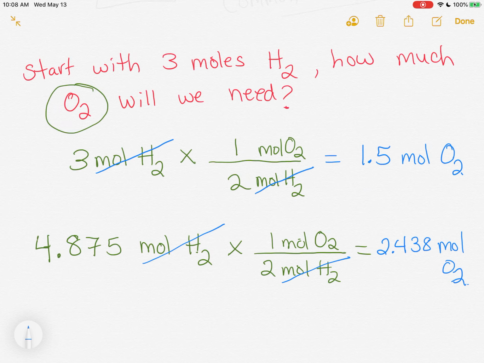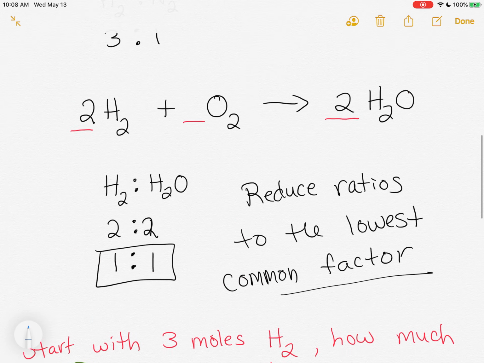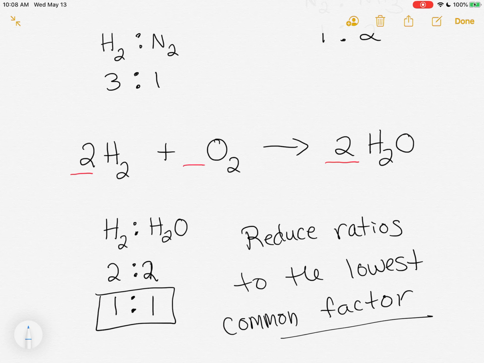Okay, and that's just a little bit more difficult to do in our heads. We want to be able to have the math to back us up so that if we started with an odd or weird amount of moles, we can still find out how many moles of the substance we're looking for. Okay, so we did that mole ratio with the reactants, but you can use the mole ratio with products as well.